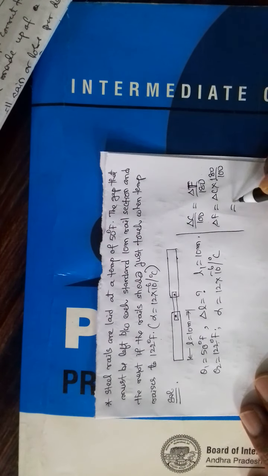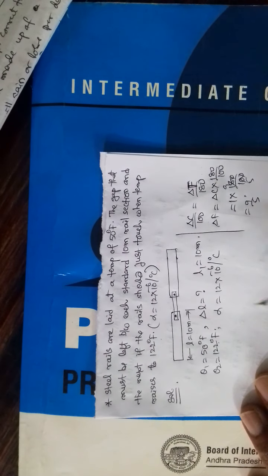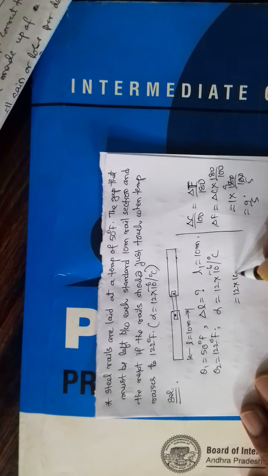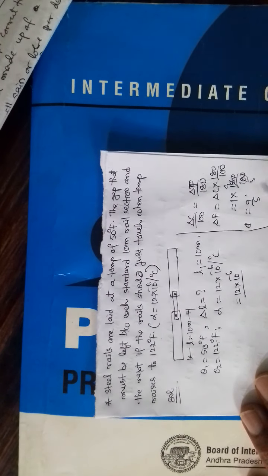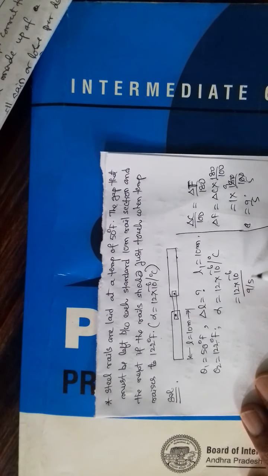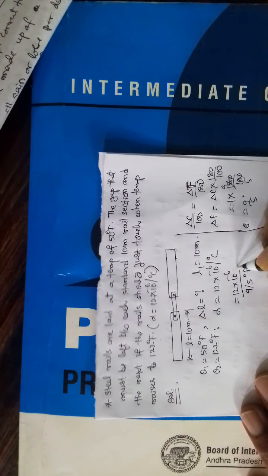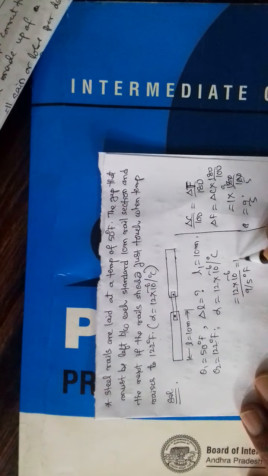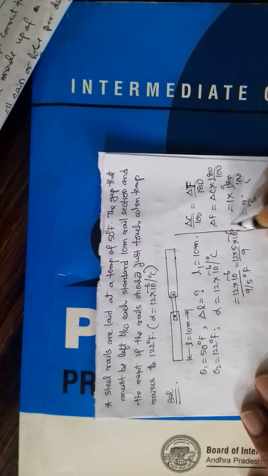Here delta C is 1 degree centigrade. Nine by 5. So 1 degree centigrade is equal to 9 by 5 degree Fahrenheit. So we can write 12 into 5 by 9, 10 power minus 6.